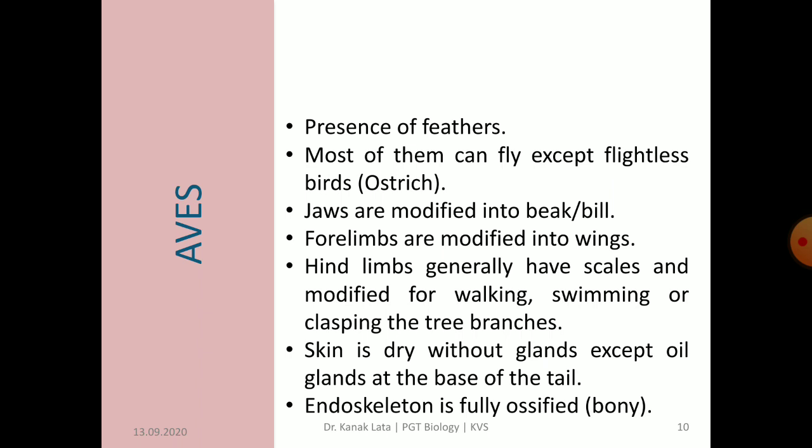The skin is thin and dry, except that oil glands are present at the base of the tail. The endoskeleton is bony, but it is delicate and light also. A bony endoskeleton is called ossified.